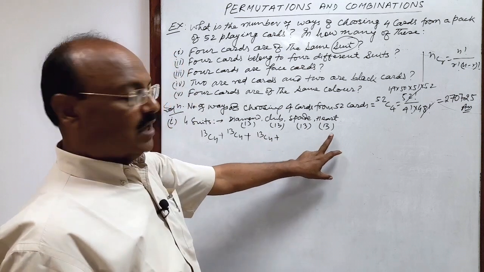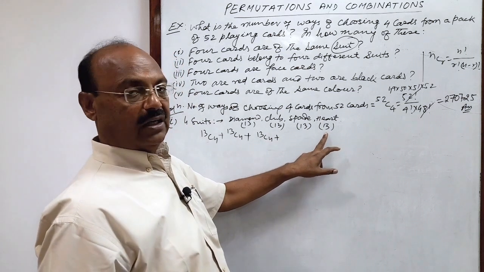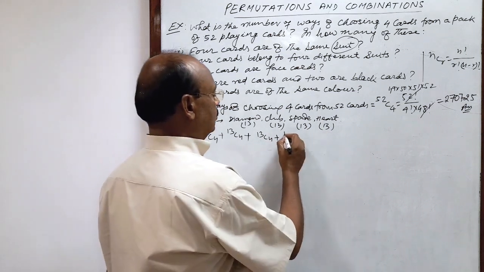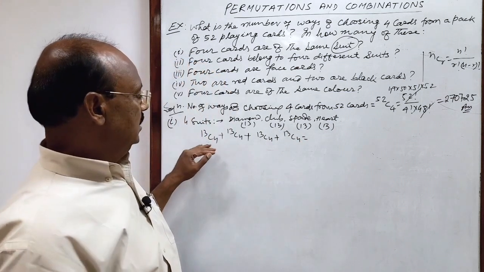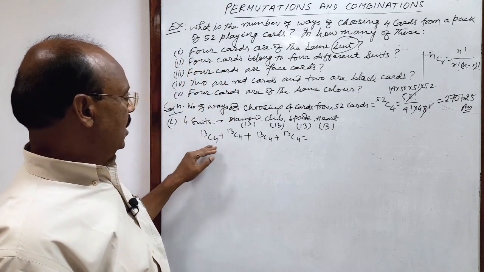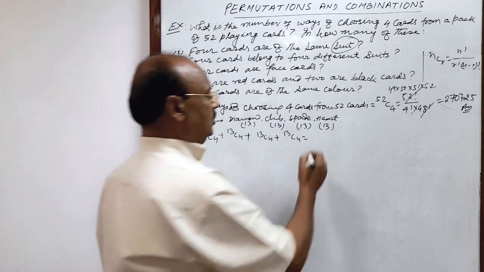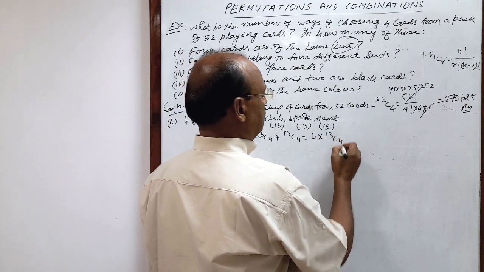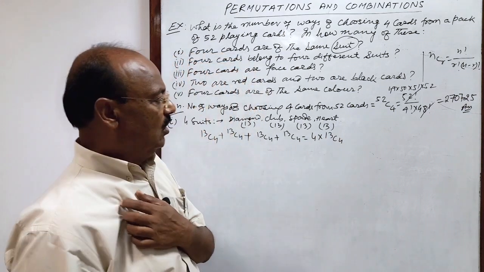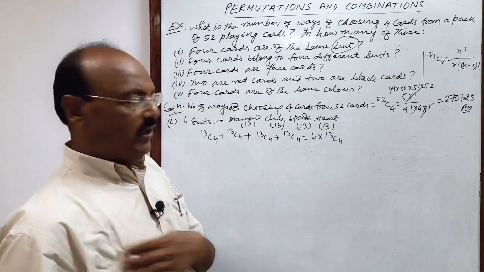Similarly, if 4 cards are selected from 13 heart cards, then this will also be 13C4. So clearly we are adding 13C4 how many times? 4 times. So this will be 4 into 13C4.